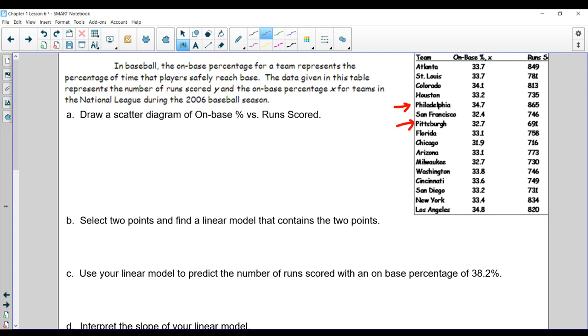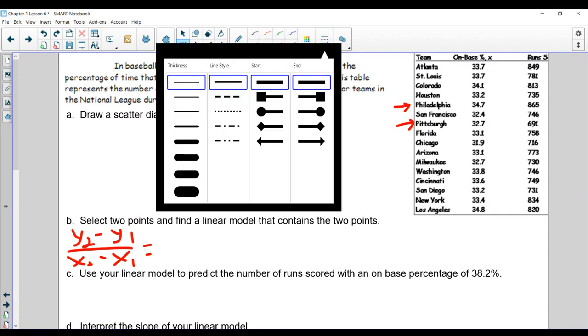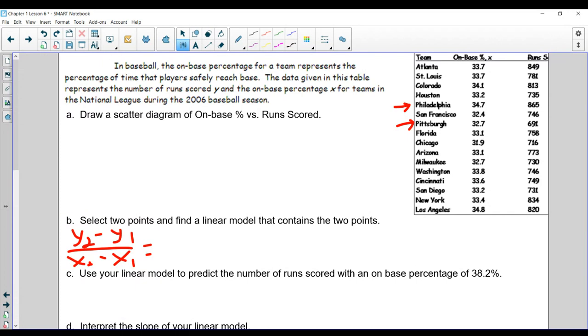So I'm going to do slope, y2 minus y1 over x2 minus x1. Okay, so for this one, 865 minus 691 over 34.7 minus 32.7.